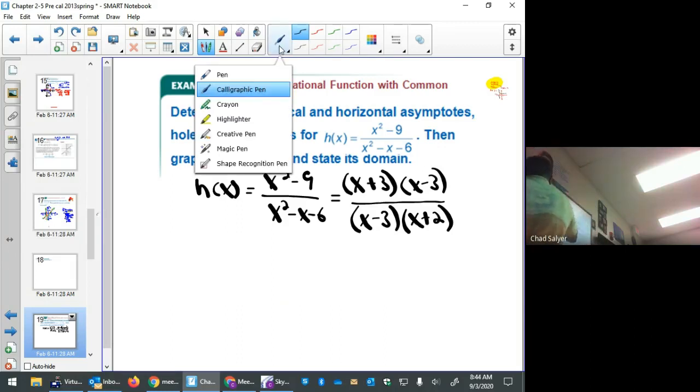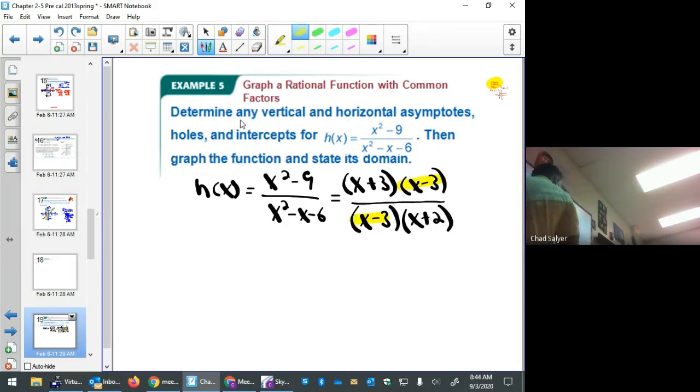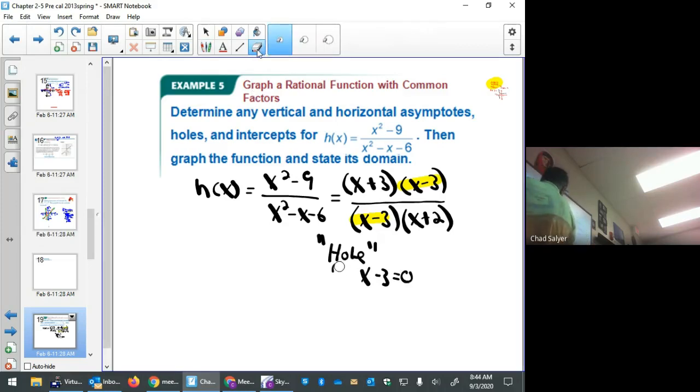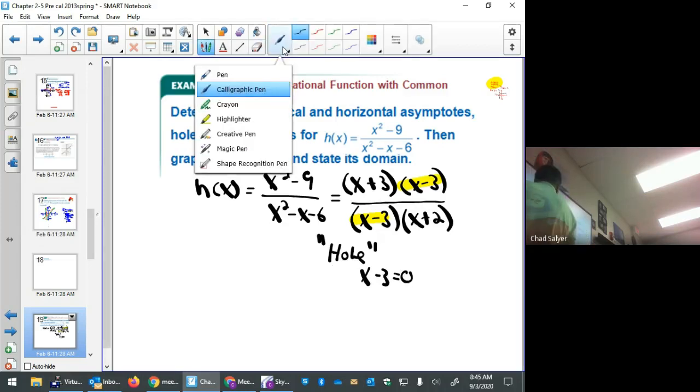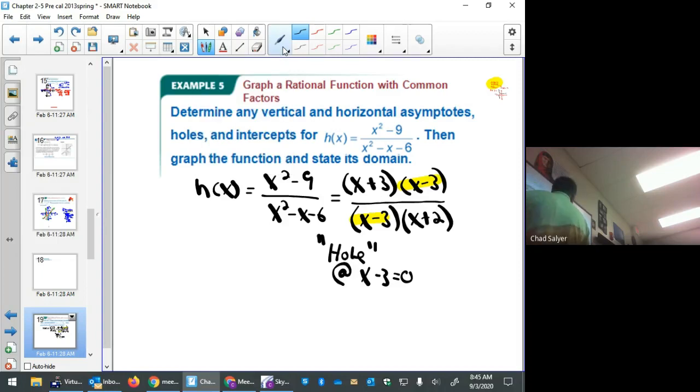So I see there is a shared factor, meaning we have not a vertical asymptote, but a hole at x minus 3 equals 0, which means that x equals 3.